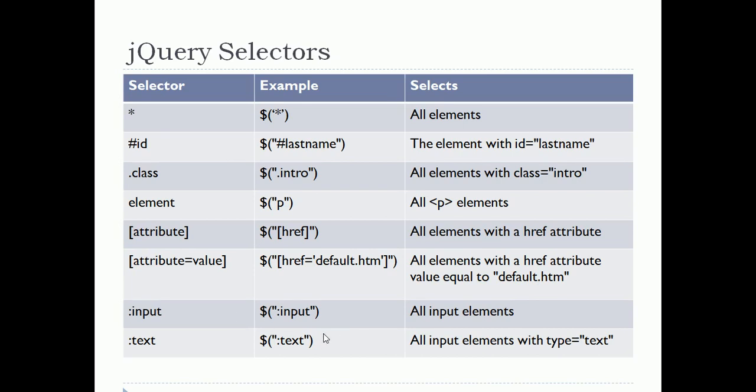So colon input will select all the input elements, meaning all the HTML elements whose tag is the input tag. Here it will select all the elements of input tag but with type equal to text box. Now as you study jQuery, or as you start working with jQuery, definitely you will find your own selectors also.